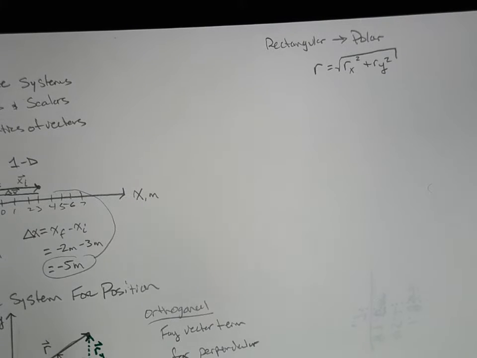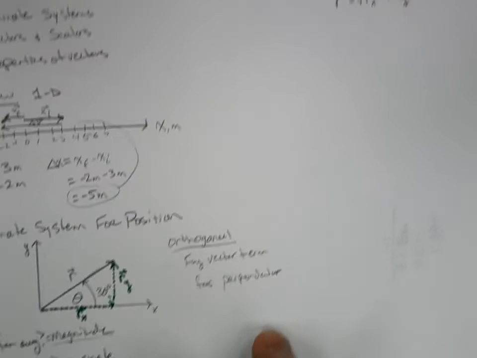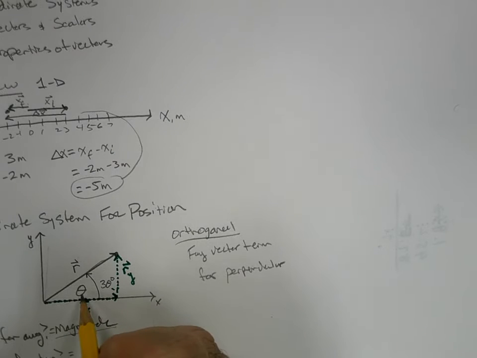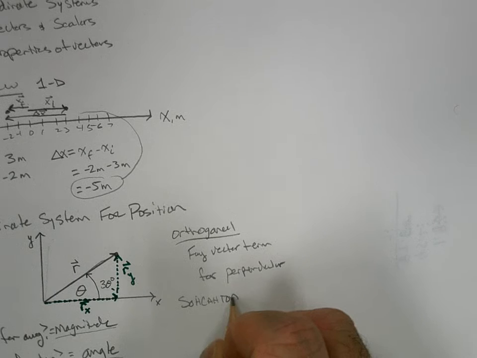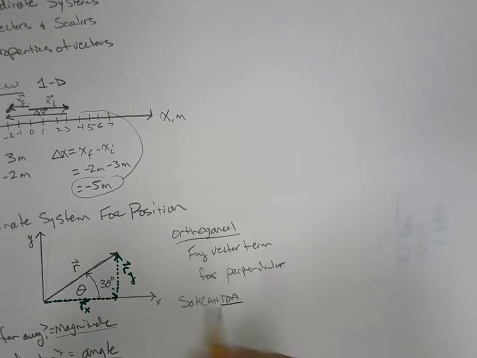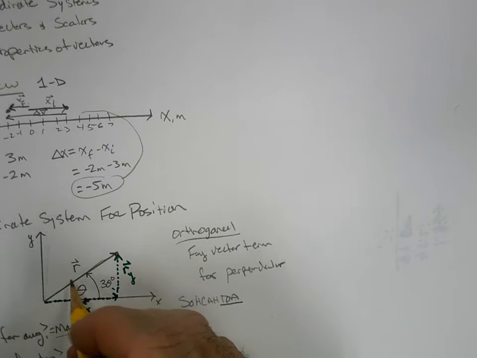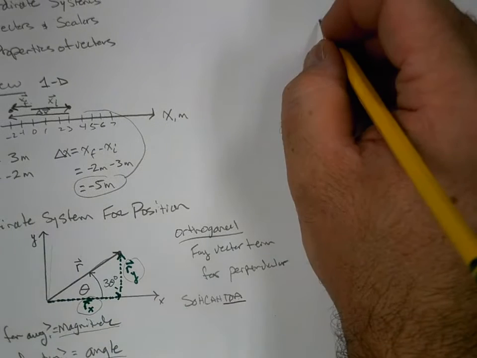But we also know that our angle down here, we can relate to this theta, because we know from SOHCAHTOA that our opposite and adjacent legs to this angle are going to give us what this angle is, because y over x will give us tangent.